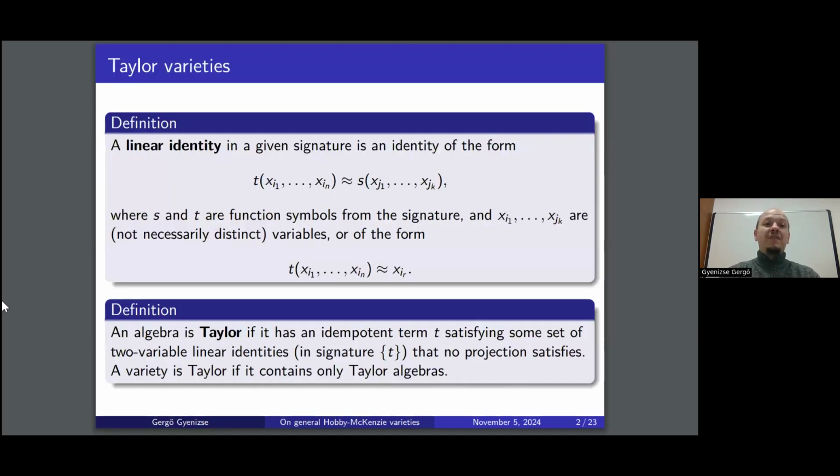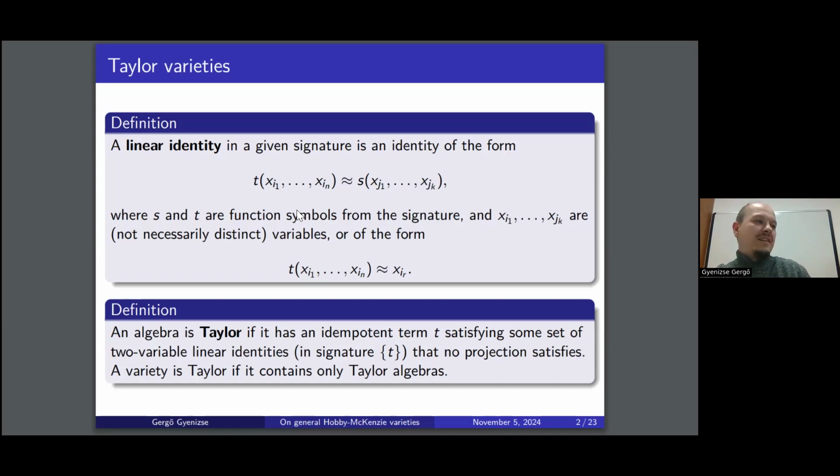So I'm starting with Taylor varieties. Let's start with some quite well-known definitions. By a linear identity, we mean that we have a signature and two operation symbols, S and T, of the signature, which are usually the same, but not necessarily. We plug in some variables on both sides, which may be different or the same, and this is a linear identity. This is also what they call a height one identity.